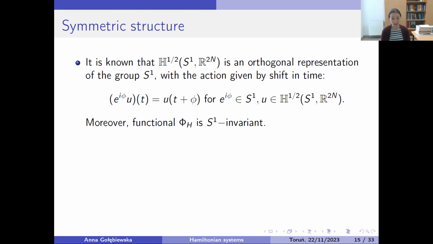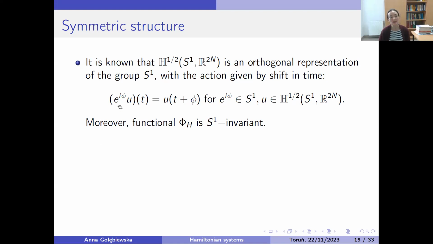So which symmetric structure? First of all, it is known that the space we consider is a representation of the group S1, because an autonomous Hamiltonian system is always symmetric in the space of periodic solutions, because of the periodicity.